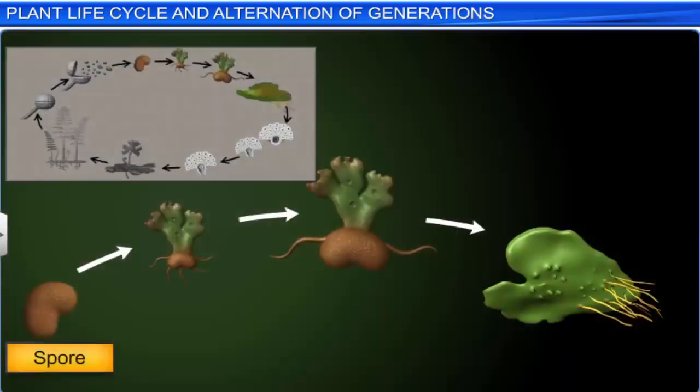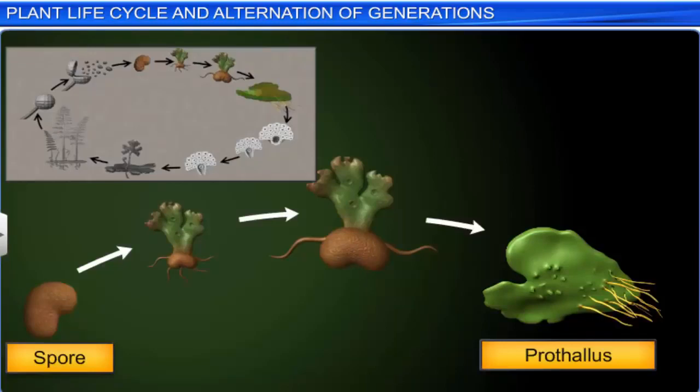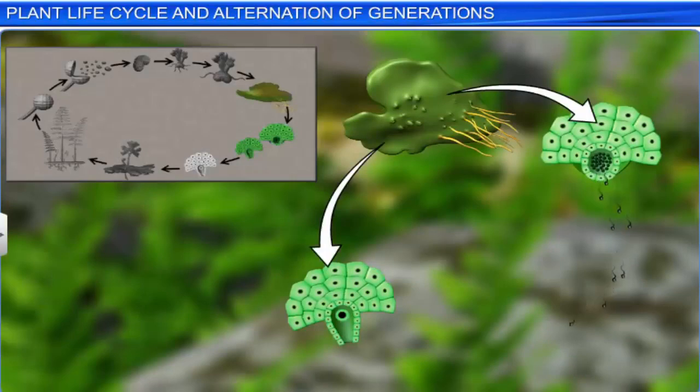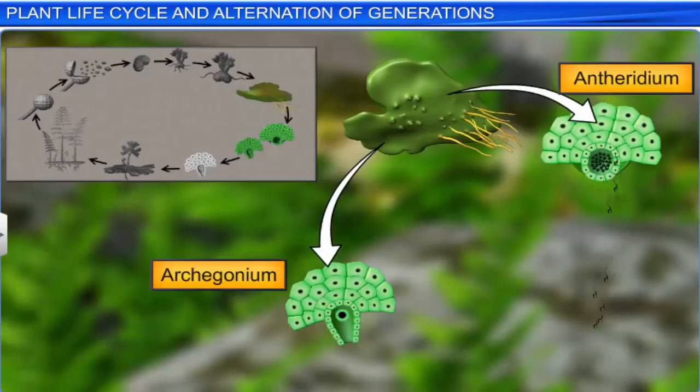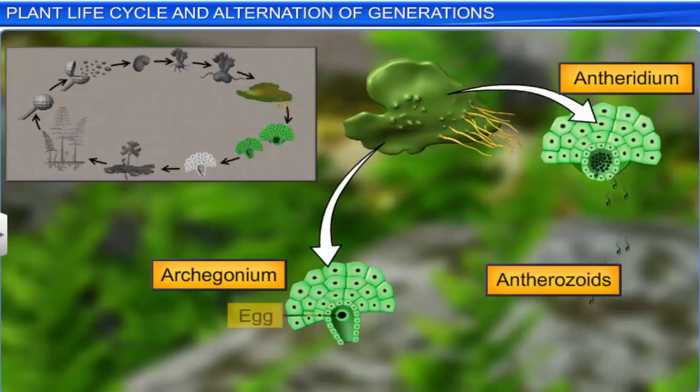These spores undergo mitosis and germinate into a prothallus, a gametophyte with haploid cells. The prothallus bears the antheridium and archegonium that respectively produce antherozoids and egg, the haploid male and female gametes.